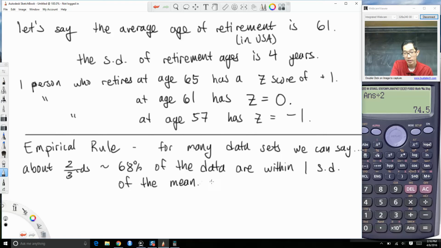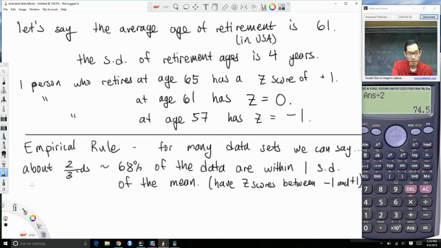And that means they have z-scores between -1 and +1. So about 2/3 of the data have z-scores between -1 and +1.